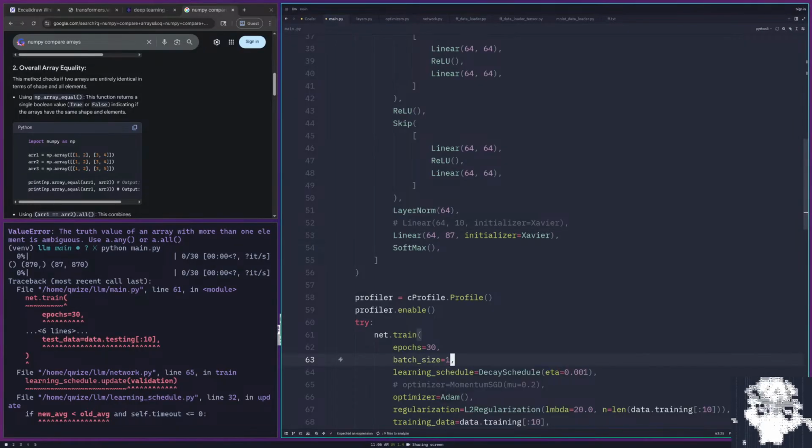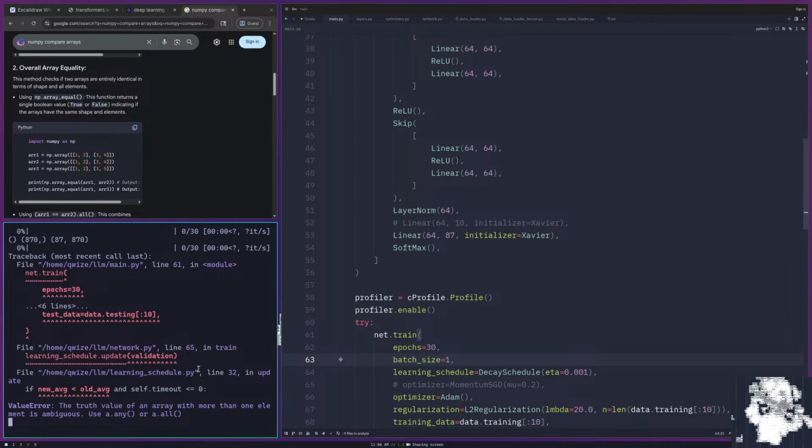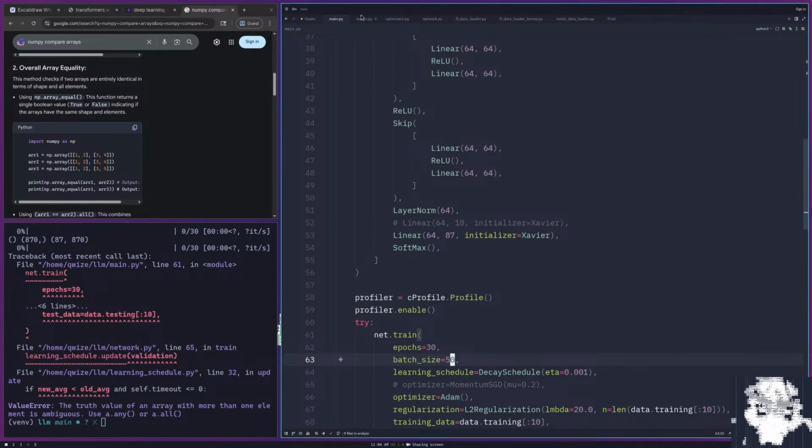Let's go back to batch size of 1. So it's got nothing to do with the batch size.